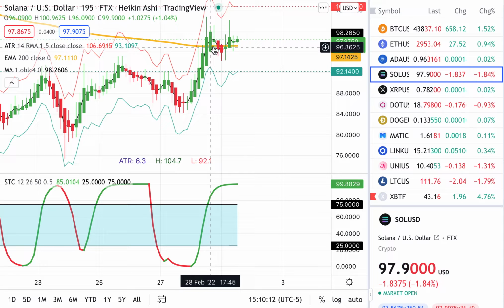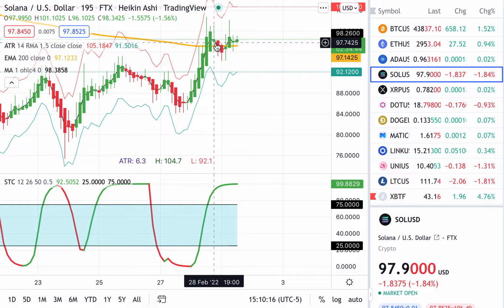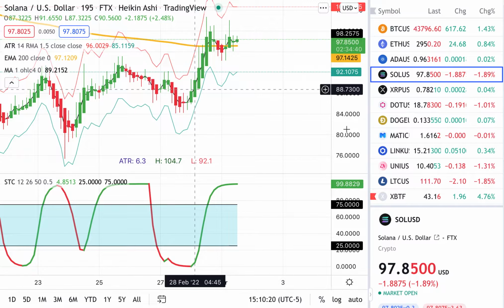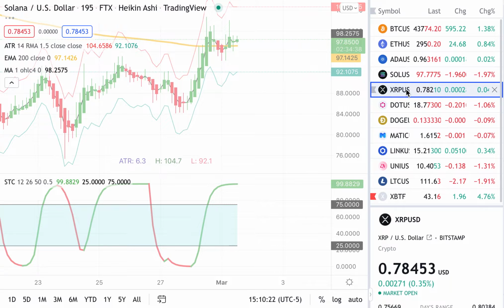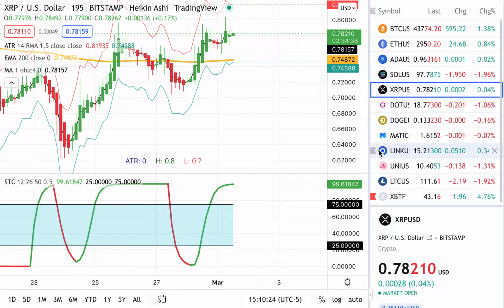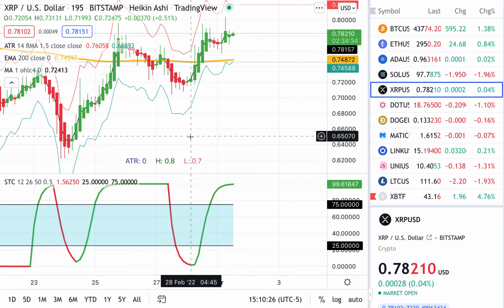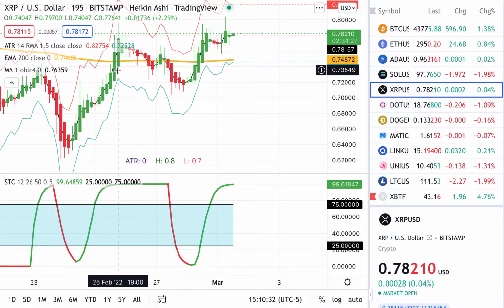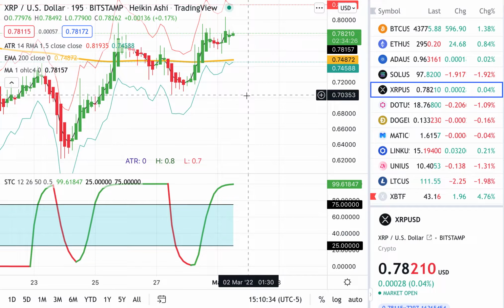We can see that indeed Solana has now moved above it, but that move crossing over occurred before that happened. You look at things like XRP, it actually crossed over, moving above. And again, you can see how so many of these are right here at that 200 period moving average line. So that is a good sign for things moving ahead.